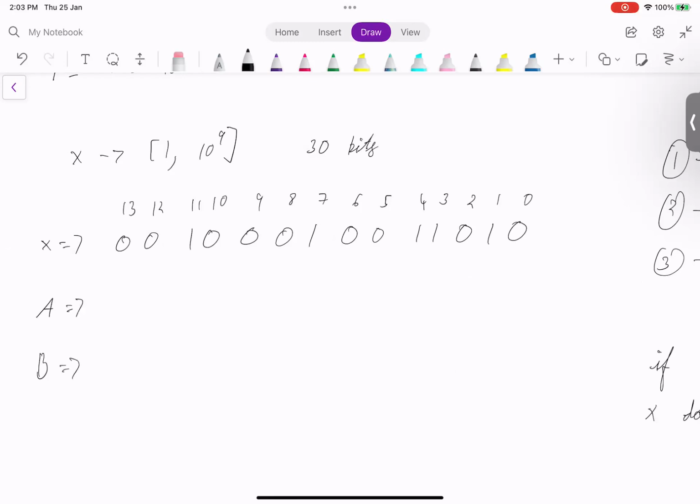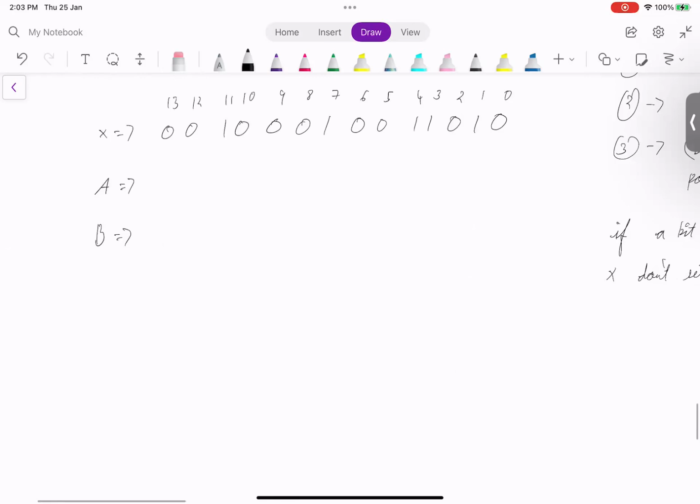Now, one small observation is that for any bit, let's say the ith bit, 2 power i is greater than 2 power i minus 1 plus 2 power i minus 2, and so on, plus 2 power 0. The ith bit's value is 2 power i.